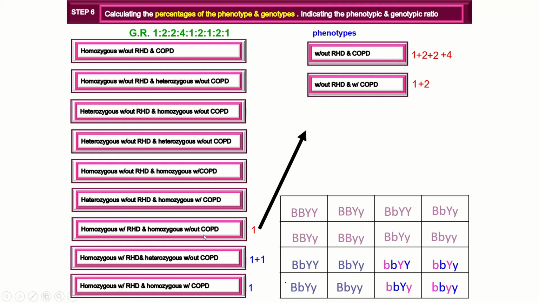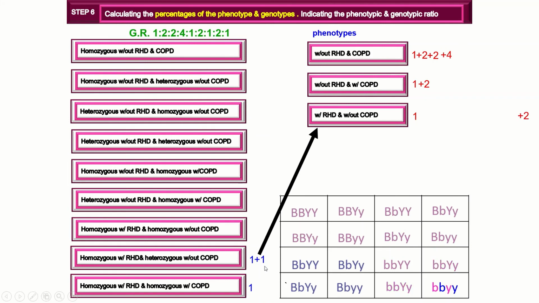Okay. Next, homozygous with RHD and homozygous without. With RHD and without COPD. Okay, and that's one. Next, this one is homozygous with RHD and without COPD. So this is plus 2.